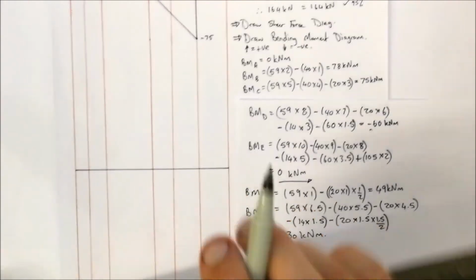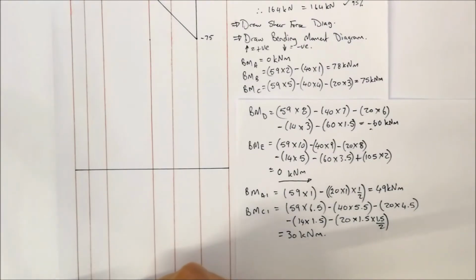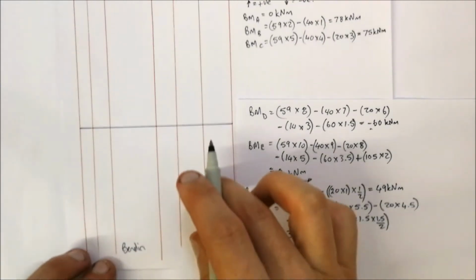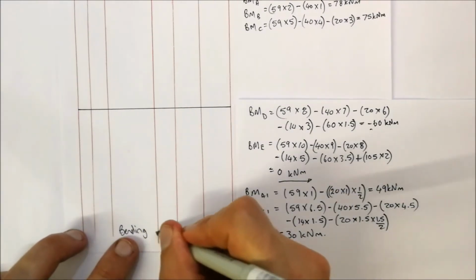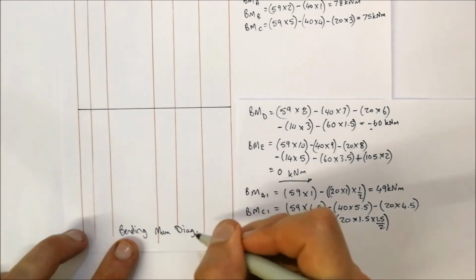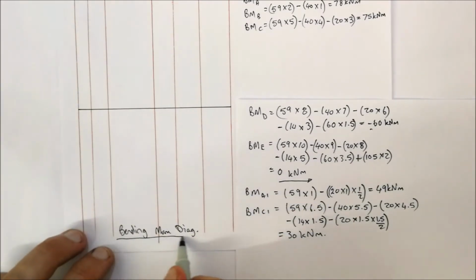Okay, I'm also going to write over here at the bottom, bending moment diagram, and I'm also going to indicate over there that the scale is 1 to 2.